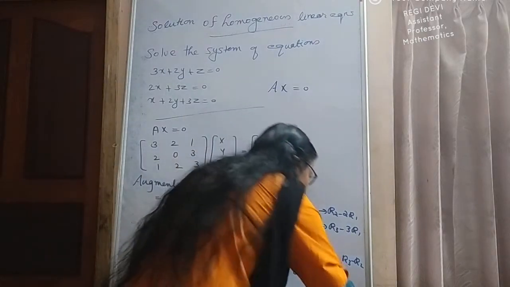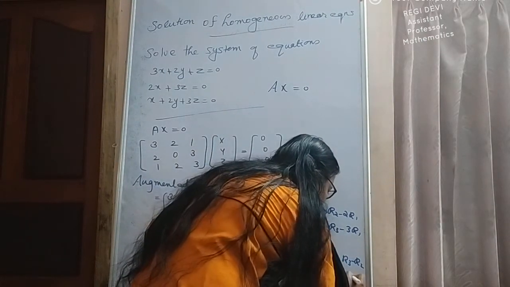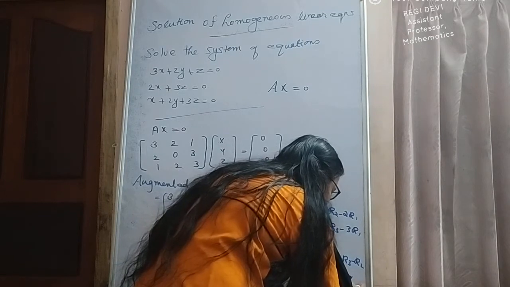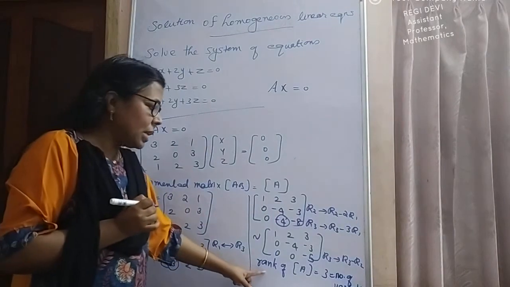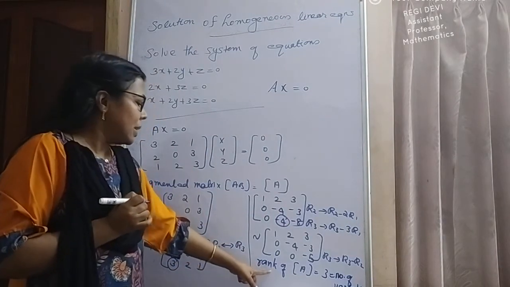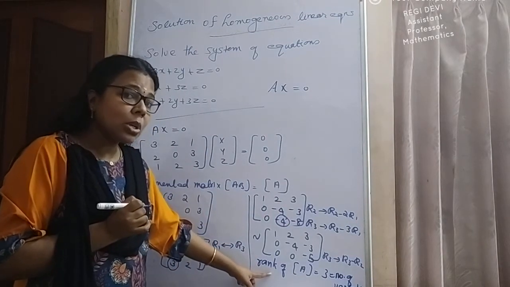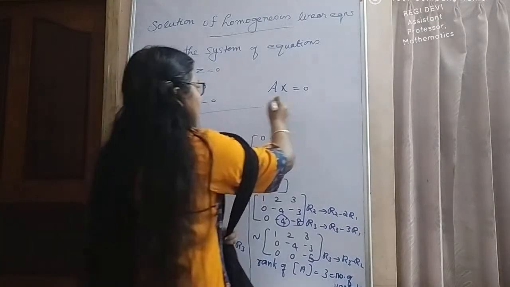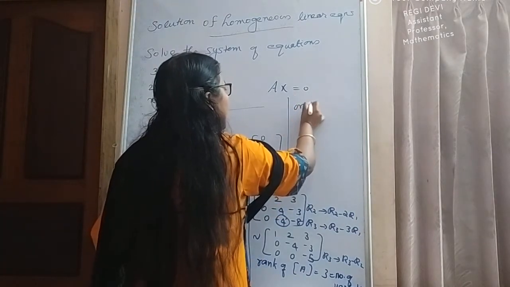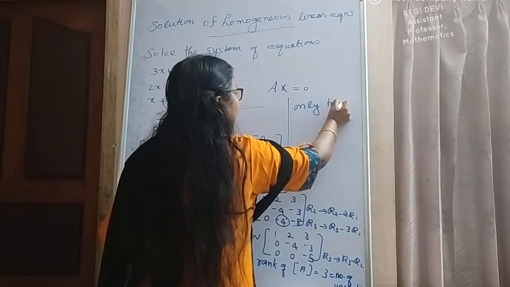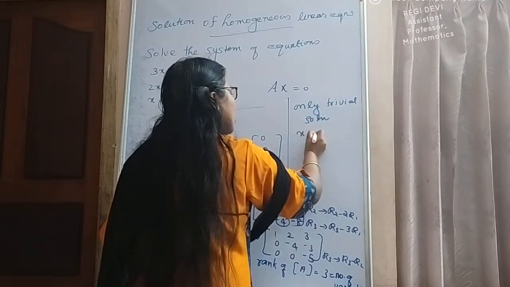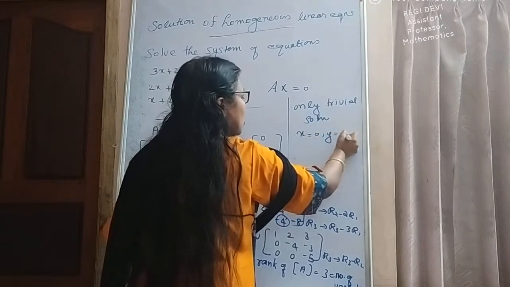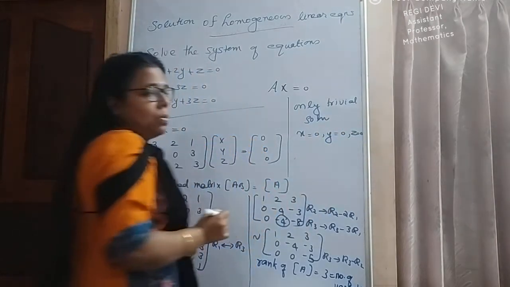Rank of A is equal to number of variables. Therefore, we get only the trivial solution, that is x equal to 0, y equal to 0 and z equal to 0.